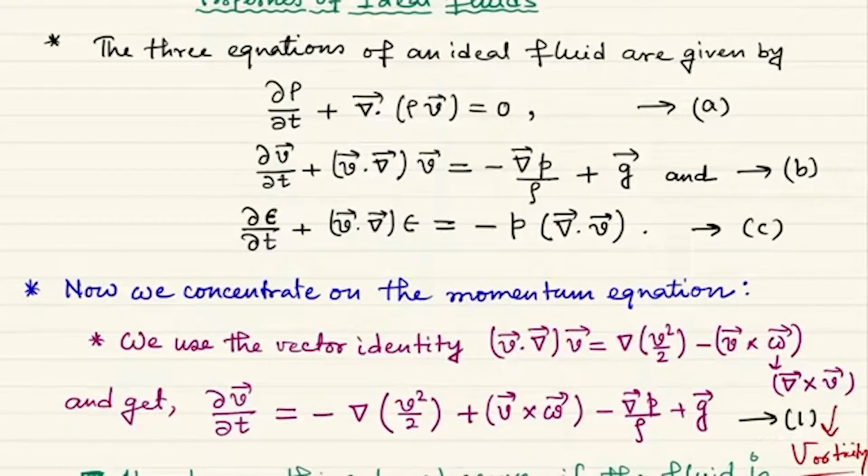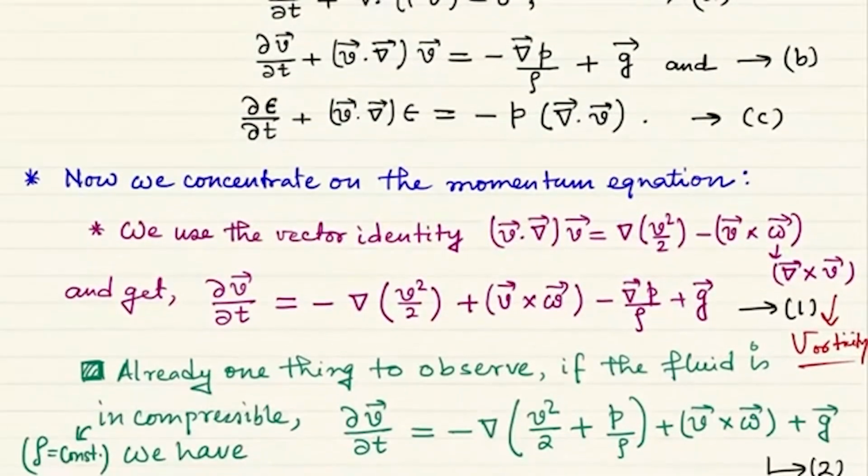Then the original momentum evolution equation can now be written as del v del t is equal to minus gradient of v squared by 2 plus v cross omega minus gradient of p by rho plus g. So already you can see that this term is rewritten in these two terms.